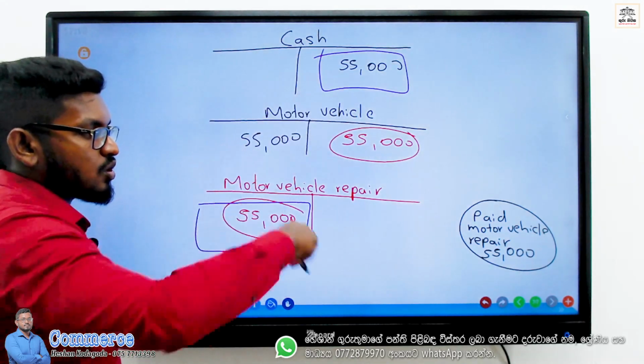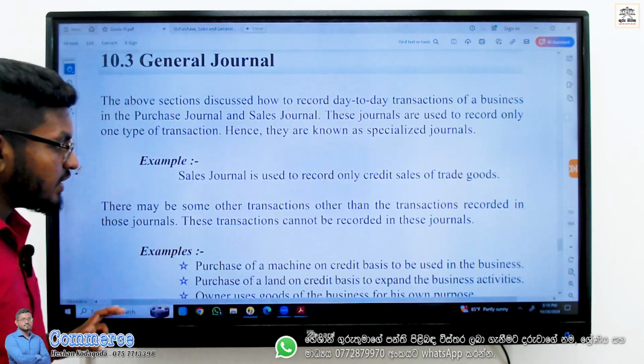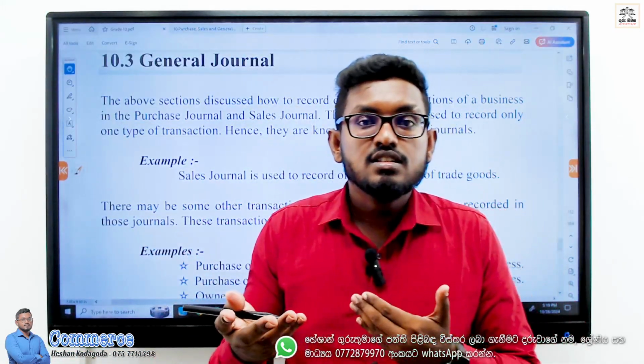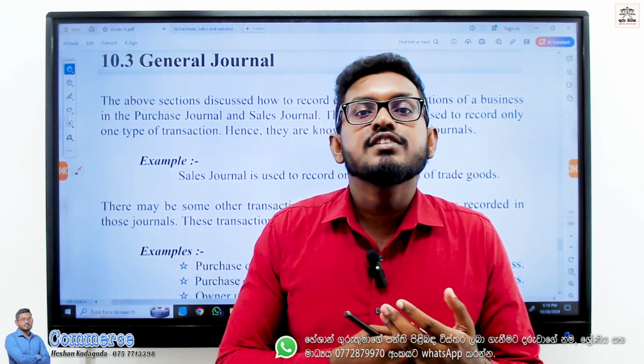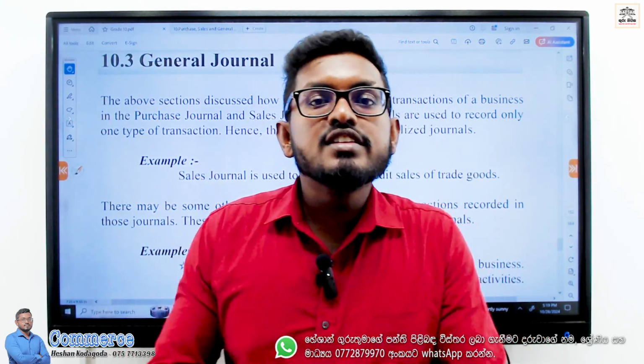So when there is an error, to rectify it we need to pass another entry. That is the term called error correction entries.